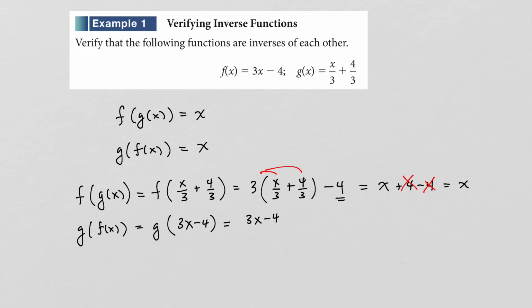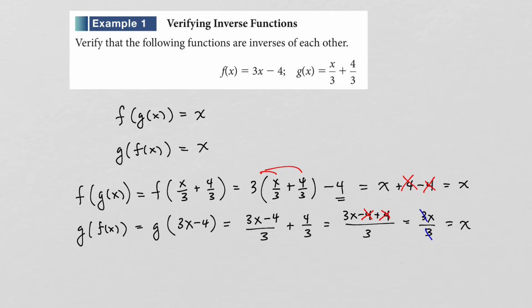So we have (3x minus 4) over 3 plus 4 over 3. Since we have a common denominator, we can combine these together by adding the numerators. So we have 3x minus 4 plus 4 all over 3. Again, these two terms here cancel out, and we end up getting 3x over 3, and finally the 3's also cancel out, and we end up with x.